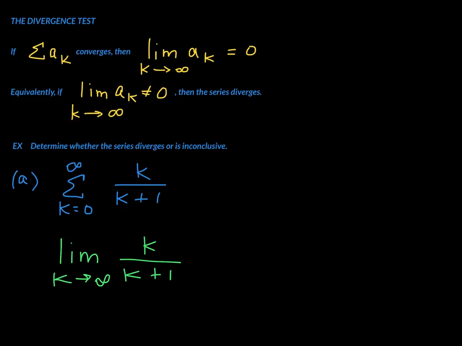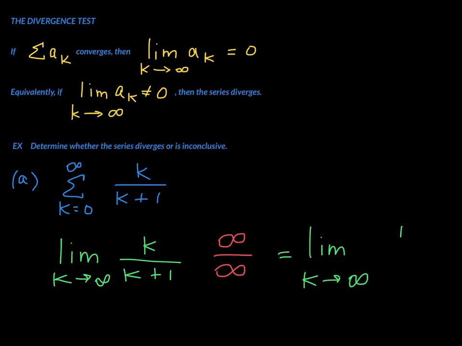So let's consider it now. First of all, please notice that for this expression as k goes to infinity, the numerator is tending to infinity and the denominator is also tending to infinity. Because this is an indeterminate form, we can use L'Hopital's rule to evaluate this limit. That means I'm going to consider the limit as k goes to infinity, and differentiate the numerator and differentiate the denominator.